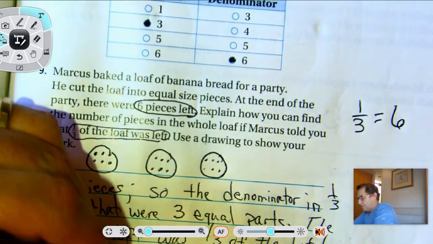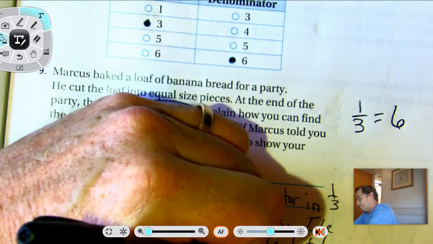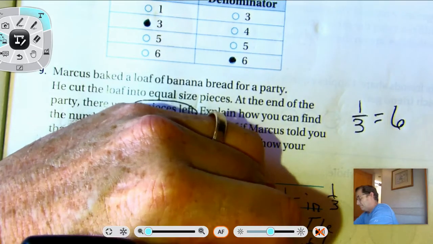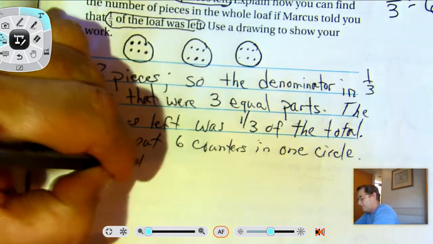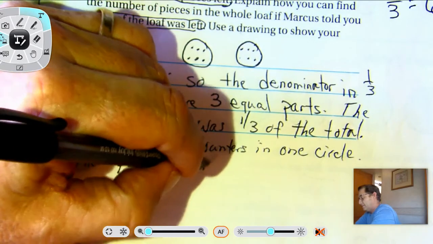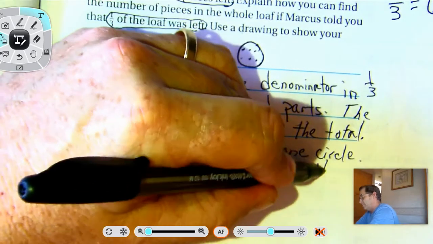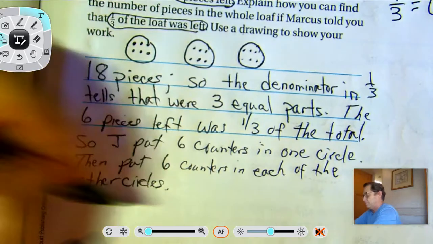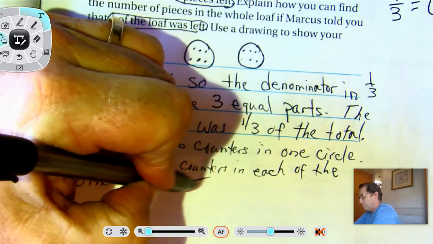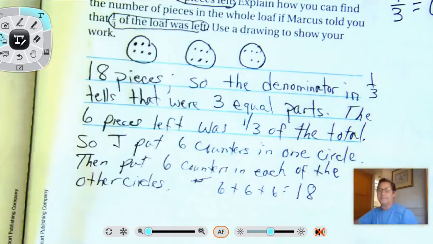So I put 6 counters in one circle. Then put 6 counters in each of the other circles. Six plus 6 plus 6 equals 18.